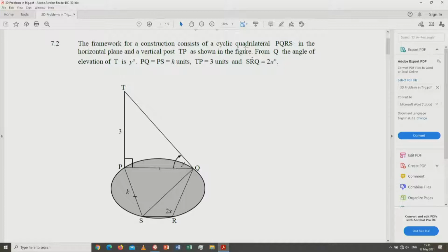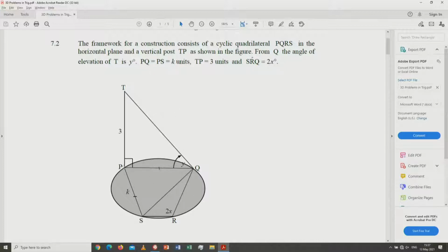A cyclic quad is a four-sided figure. So this cyclic quad PQRS is in the horizontal plane, and there is a vertical post TP. Here is the vertical post TP. The cyclic quad is PQRS. From Q, the angle of elevation of T is y degrees. Here is y.